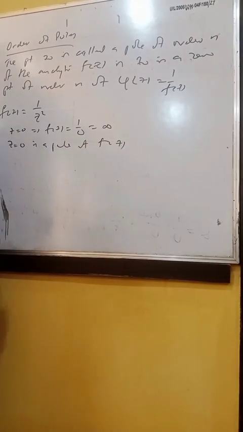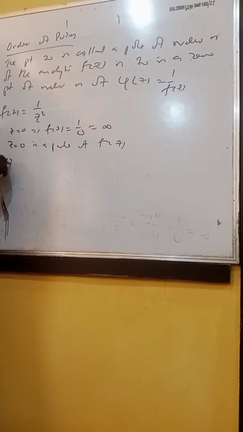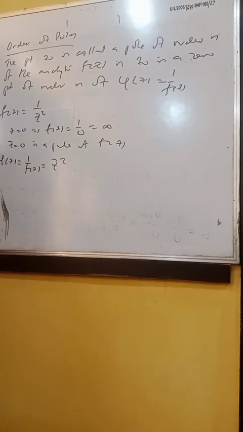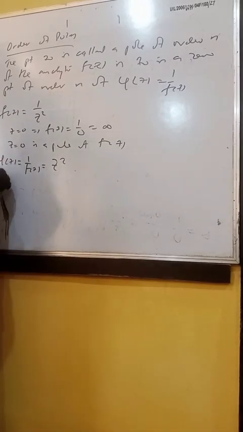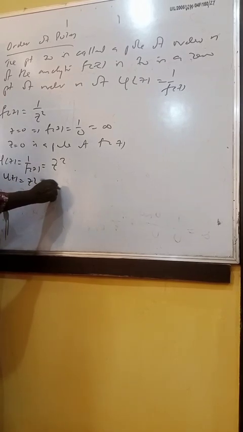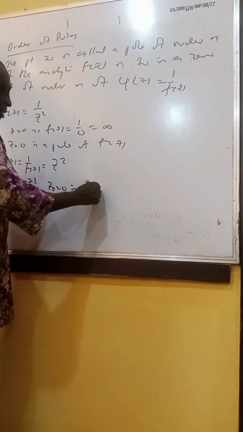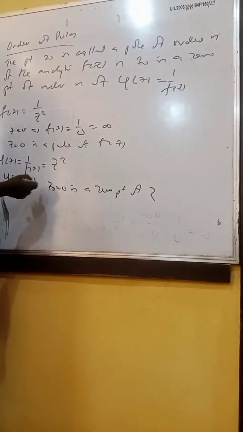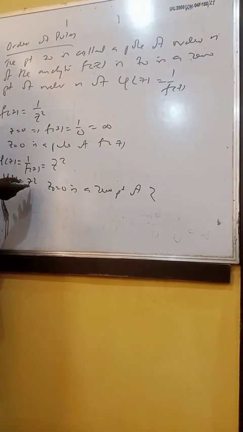If you now want to find the order, you take your phi of z, which is equal to 1 over f of z, and this will give you z squared. Is that okay? So your phi of z is equal to z squared. z naught equal to 0 is a 0 point of order 2, because if you find the first derivative, you get 2z.